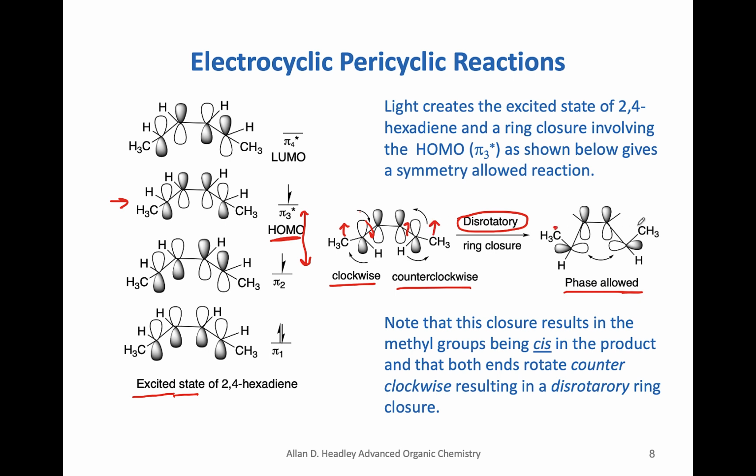So you can see that now we have the methyl groups on the same side after carrying out this rotation, which is known as disrotatory ring closure, which results from the HOMO for the excited state of this hexadiene, or the polyene here. So that gives an explanation for the stereochemistry that results from the specific stereochemistry in the reactant.